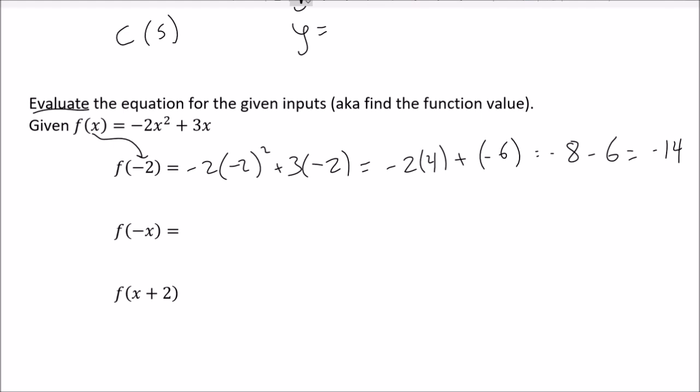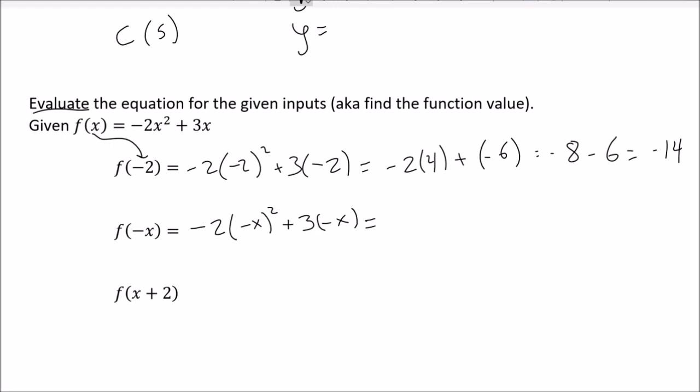What about the next one? Notice the next two aren't single values we're plugging in, we're plugging in expressions. That's totally fine. It feels funny for a lot of people at first, but it works just fine. Instead of x, we'll write -x squared. You must use parentheses. Plus 3 times -x, and then we'll simplify.